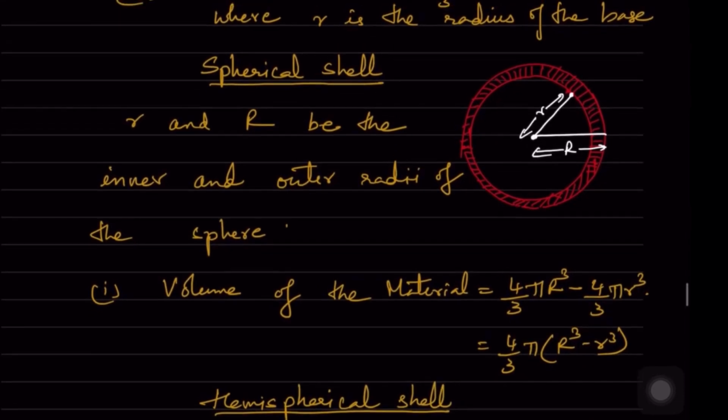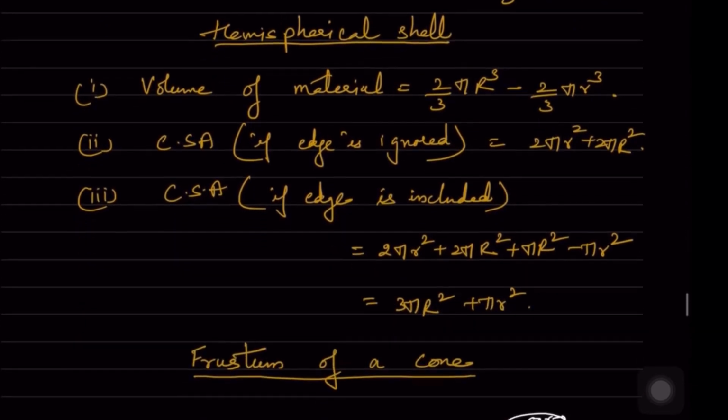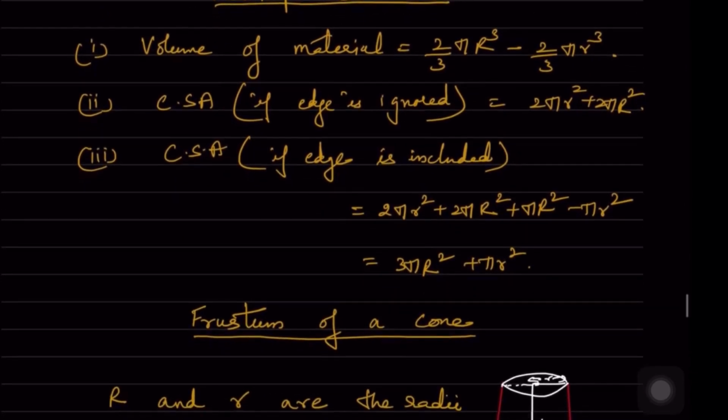Now spherical shell, you are having two circles. If the radius of the bigger circle is capital R and radius of smaller circle is small r, then the volume of the material is equal to 4 by 3 pi capital R cube minus 4 by 3 pi small r cube, which is equal to 4 by 3 pi into capital R cube minus small r cube. Then you have hemispherical shell. Volume of the material is equal to 2 by 3 pi capital R cube minus 2 by 3 pi small r cube.